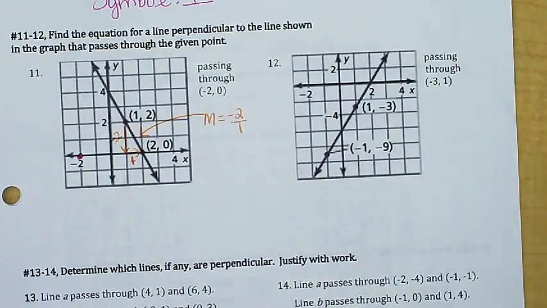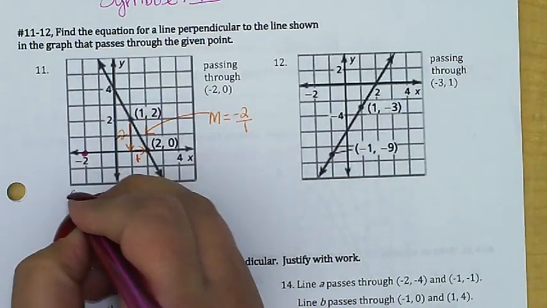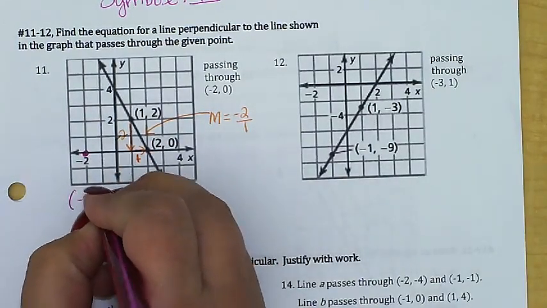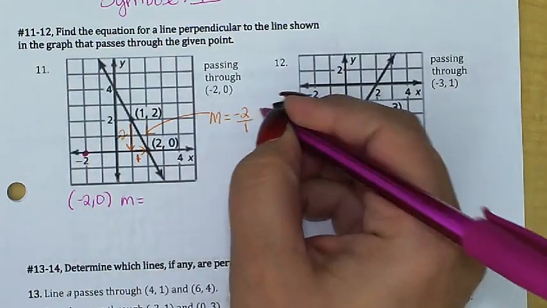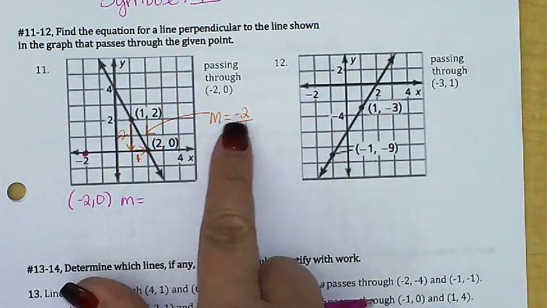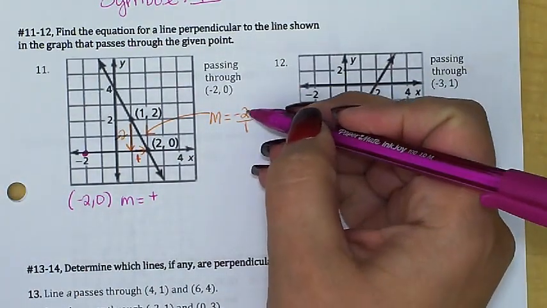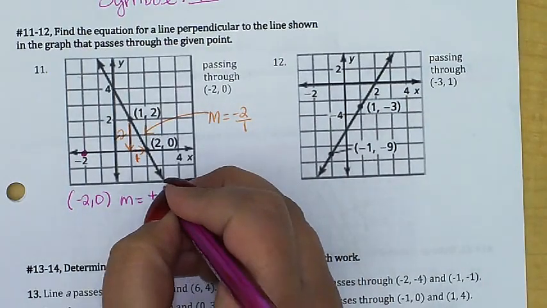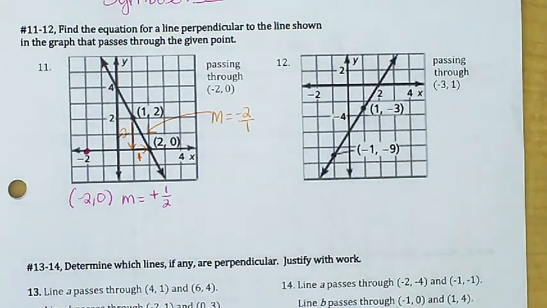So for our line, the one that we want to create, well, we want it to pass through (-2, 0). And then our slope, though, needs to be the opposite reciprocal of this. So if this was negative, our slope is going to be positive. If this is a 2 over a 1, then our slope is going to be a 1 over a 2. Okay, so the slope that we want is going to be +1/2.